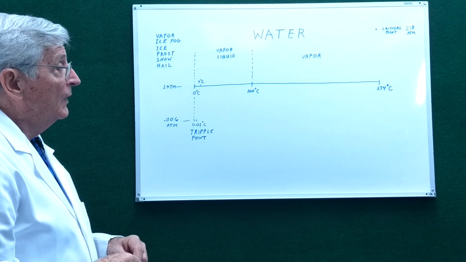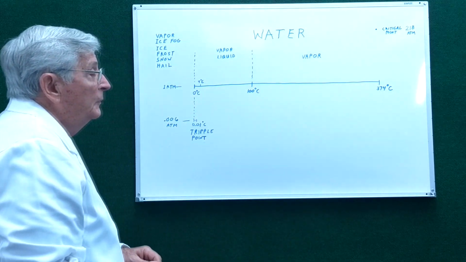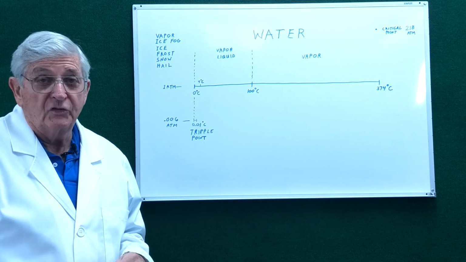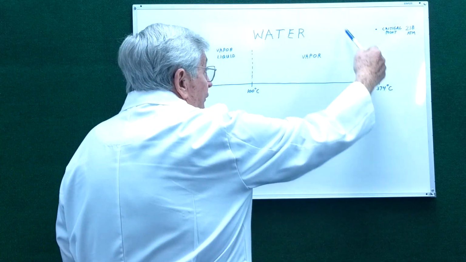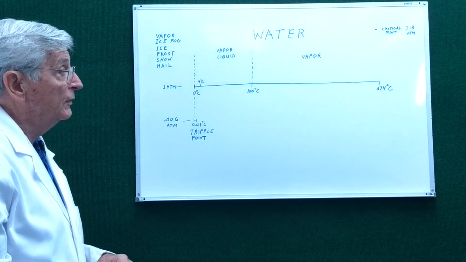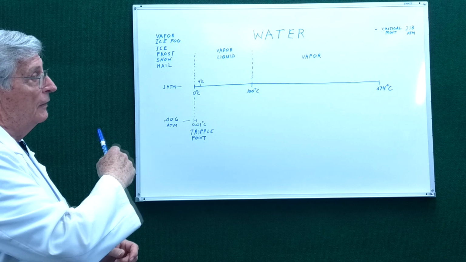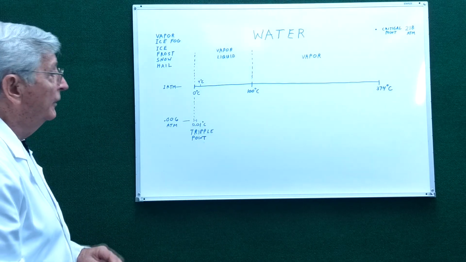And it's the area of superheated steam. Most of our electrical power generated on Earth happens up in this region with steam turbines. So that's kind of a quick view of all the interesting points of water.